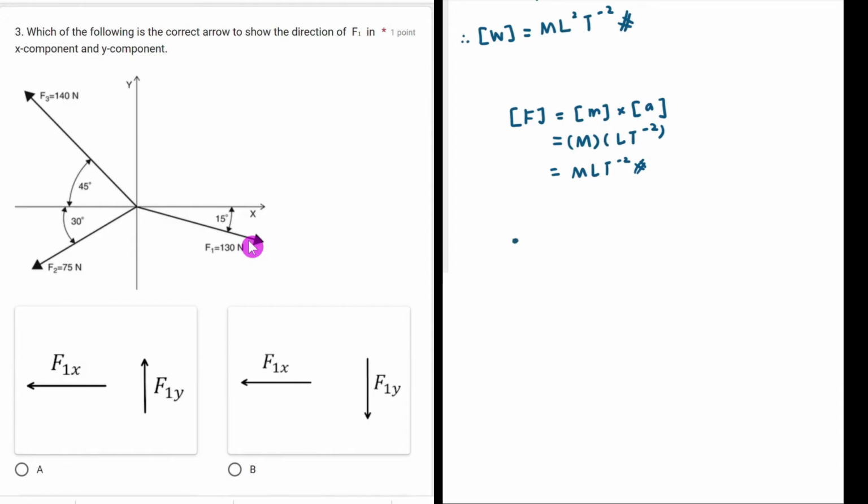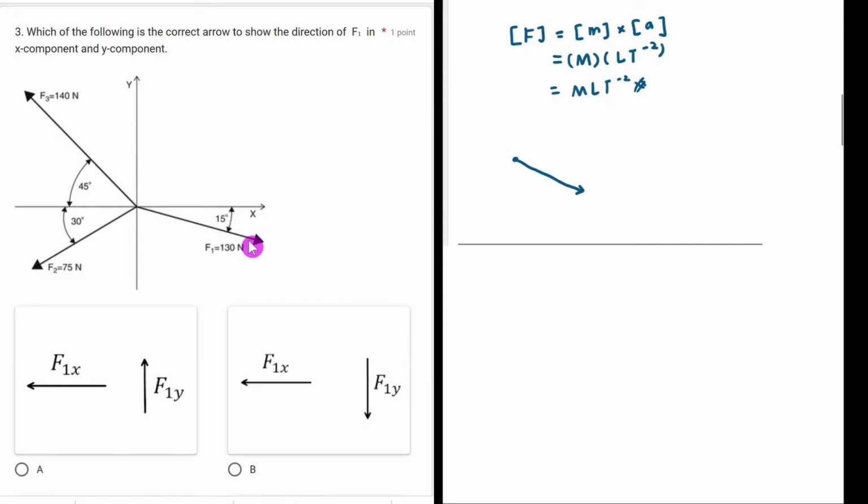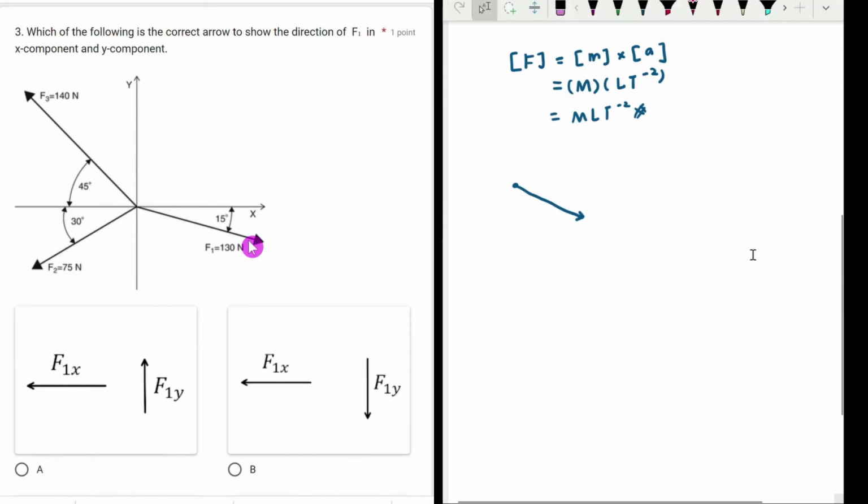Alright, so direction. Okay, so this is F1. Alright, so this is the tail of the arrow. Make sure you know how to resolve. Alright, and this is the head of the arrow. Okay, so you can resolve from the tail.